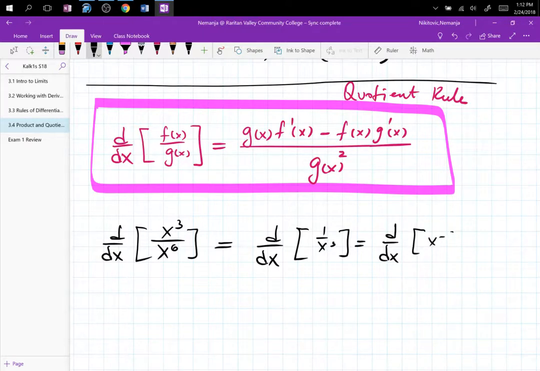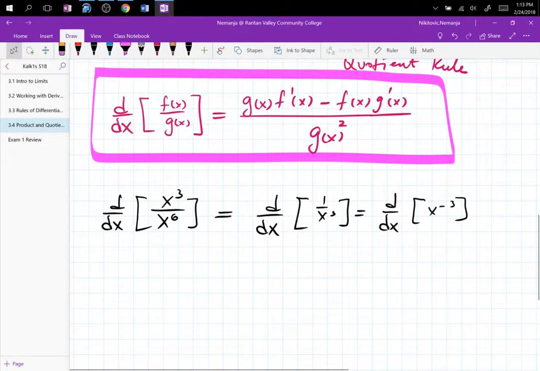So this is not going to be used if you have something simple like this. But obviously it is going to be used if you have rational functions around, or you mix in trig, or you mix in ln, or e. We didn't cover ln yet, but it's coming. It's also in chapter 3 somewhere.